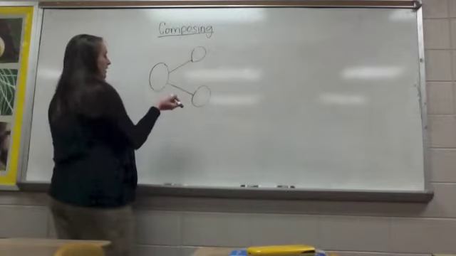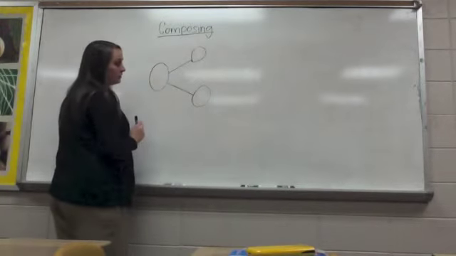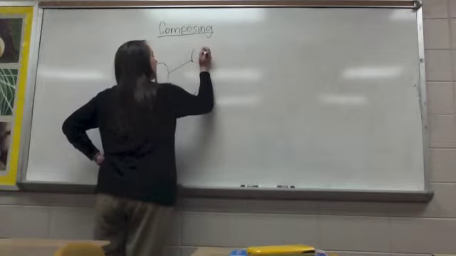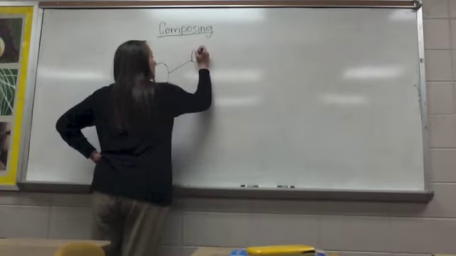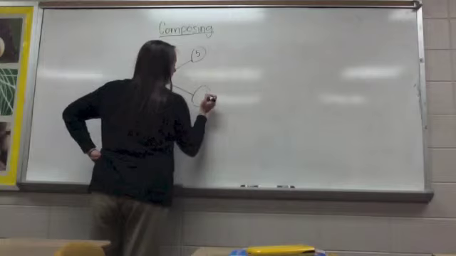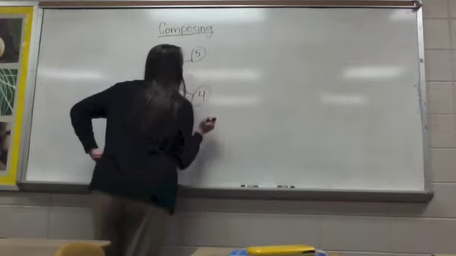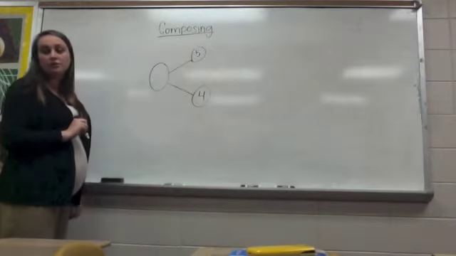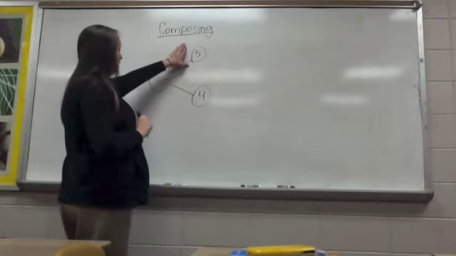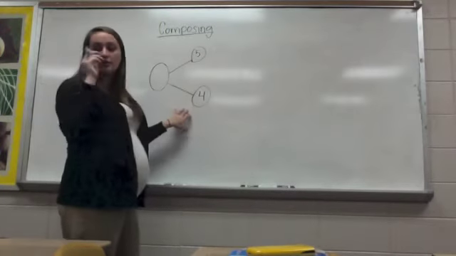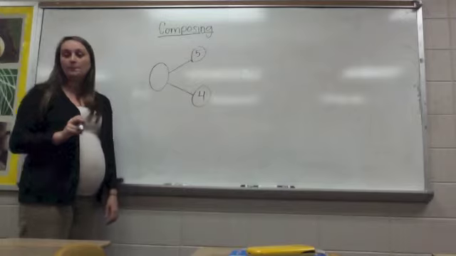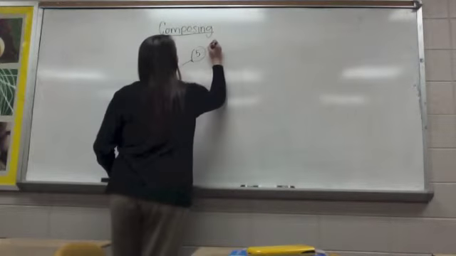Okay. Now let's do a big one. 5 plus 4. 5 and 4. So if you would separate 5 into one heart and 4 into the other. Okay? Alright, I'll put my dots.